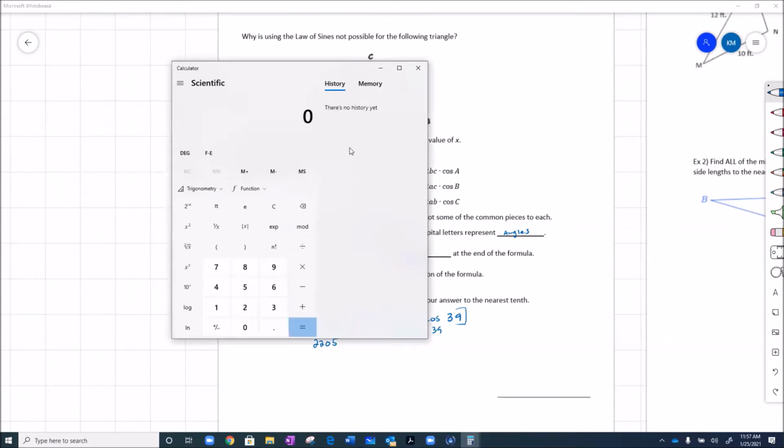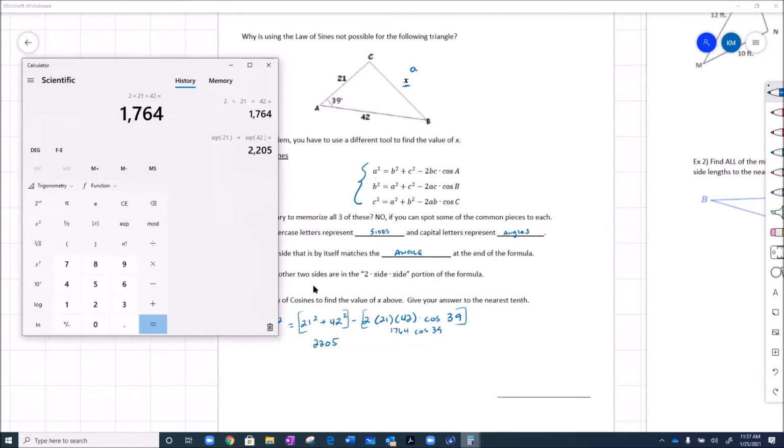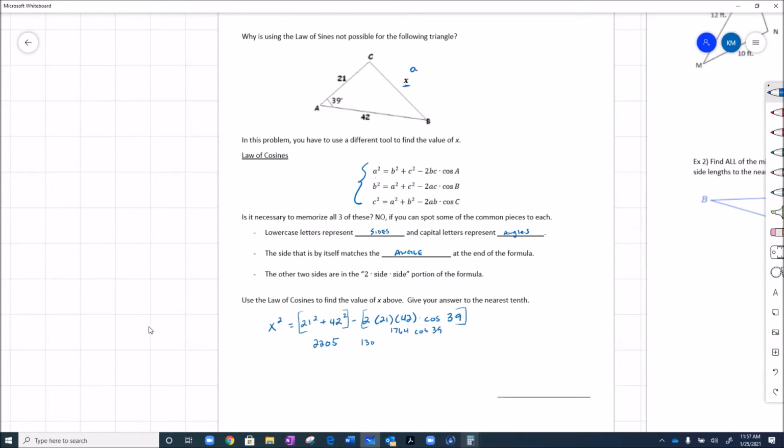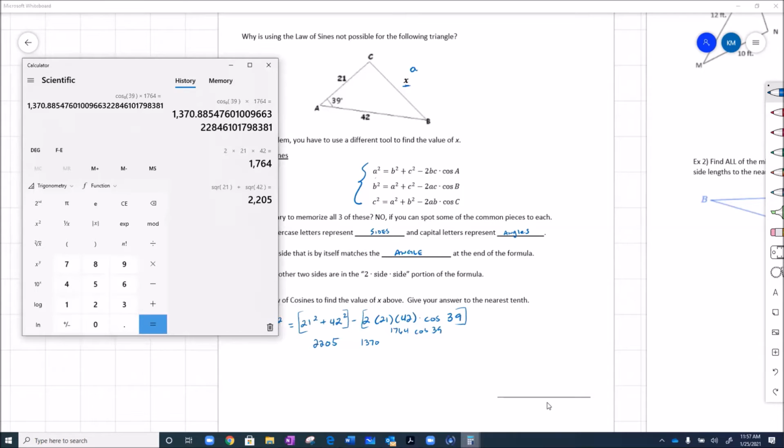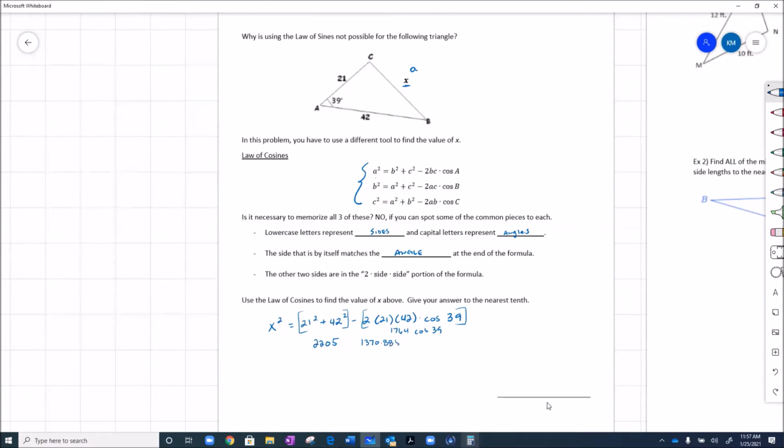So back to my calculator. 39 cosine times 1764, and it gives me 1370.885. The better you can keep this in your calculator, the easier it'll be for your numbers.